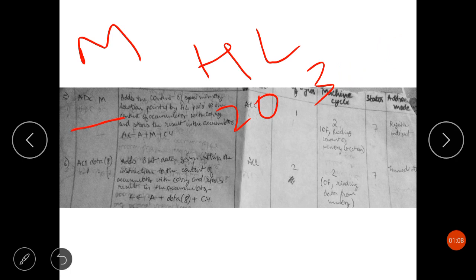ADC M represents addition of the content of the accumulator with the content of the memory location whose address is pointed to by the HL pair, and the carry flag.